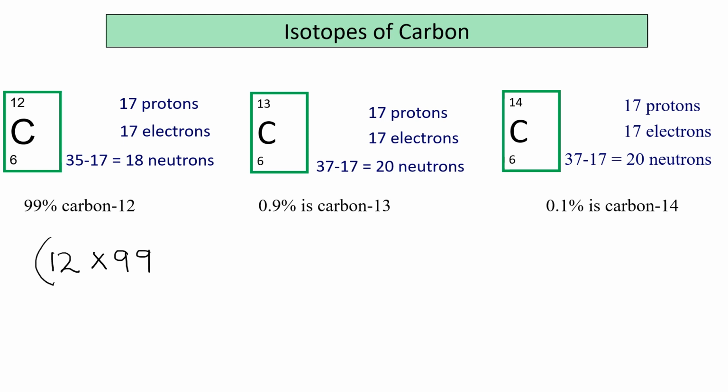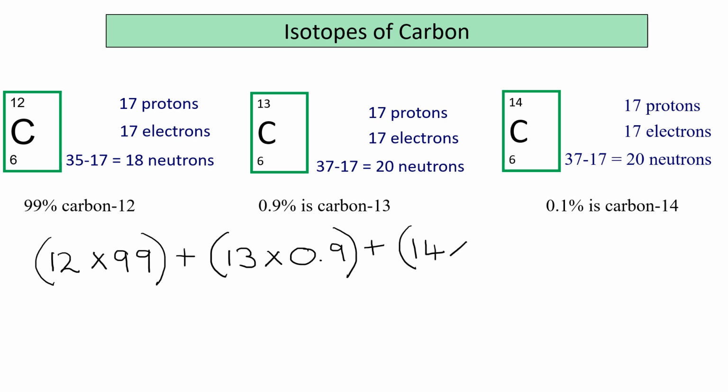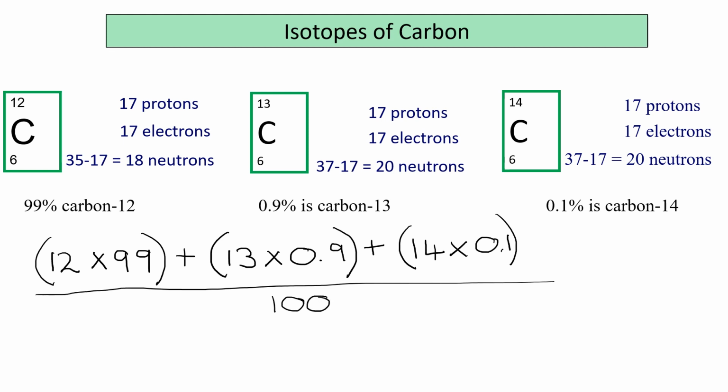Put it in brackets and we add it to the mass number of 13, which is multiplied by its relative abundance, which is 0.9, and added to the final isotope of 14, multiplied by the abundance of 0.1. And again, we need to divide by 100 because the abundances are expressed as a percentage.